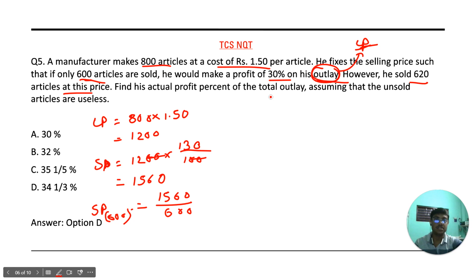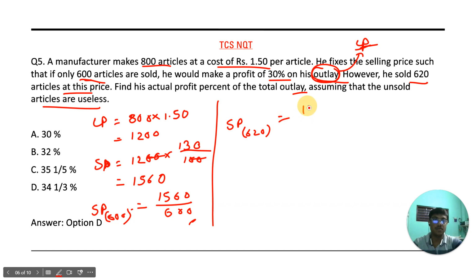Find his actual profit percent of the total outlay, assuming that the unsold articles are useless. Okay, unsold articles are completely useless, so we should not take that into consideration. So, selling price of 620 articles. So, the selling price of each article would be same.